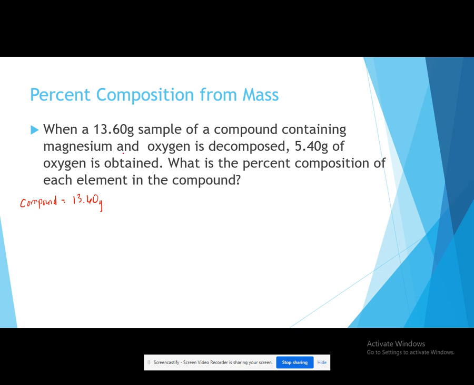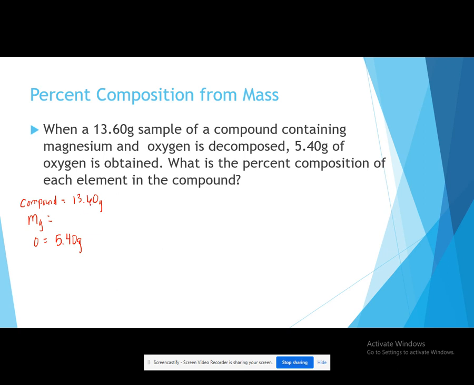I know that it contains magnesium and oxygen, so I need a magnesium and oxygen mass as well. And it says 5.40 grams of oxygen, so I know oxygen, 5.40 grams, is obtained. What is the percent composition of each element in the compound? Well, there are two ways that you can solve this. You pick the way that's easiest for you. I'm going to show you both.